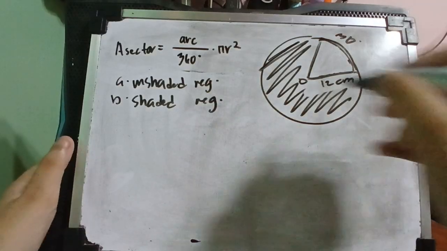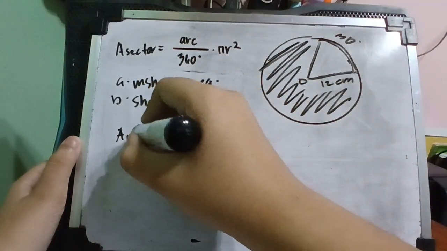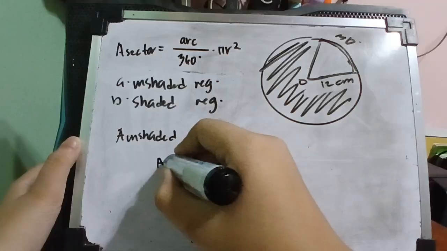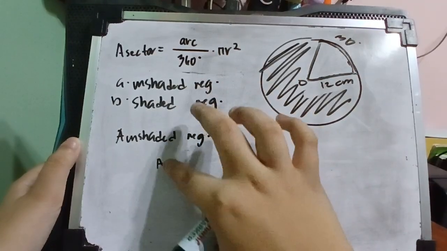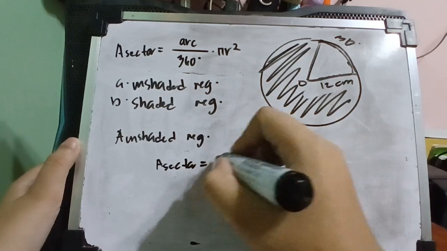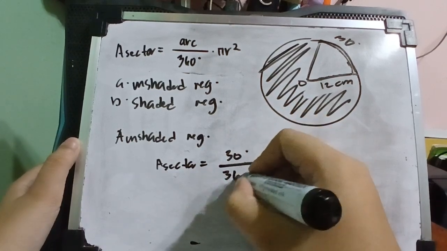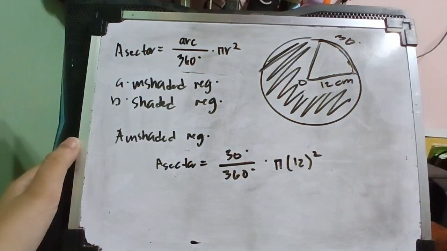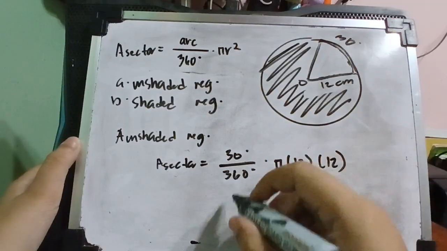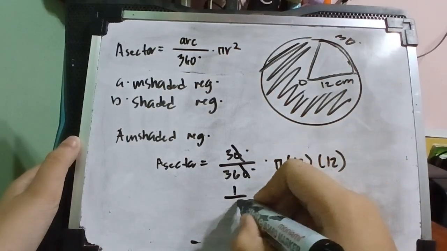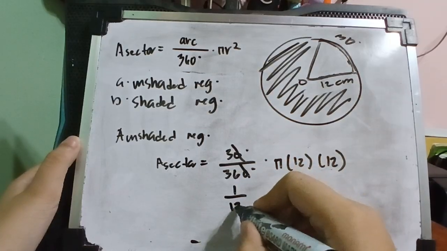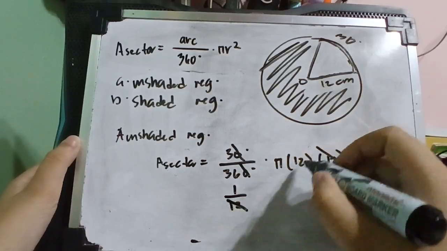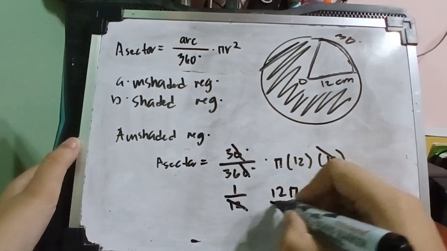So, doon muna tayo sa area ng unshaded region. Madali lang to kasi meron na tayong intercepted arc. So, the area of the sector natin dito is equal to 30 degrees over 360 multiplied by pi times 12 squared, or we can write it also as 12 times 12. So, tanggalin natin yung 0 dito, 1 over 12. So, tanggalin rin natin yung 12 dito. So, magiging 1 times 12, so magiging 12 pi na siya. Okay?